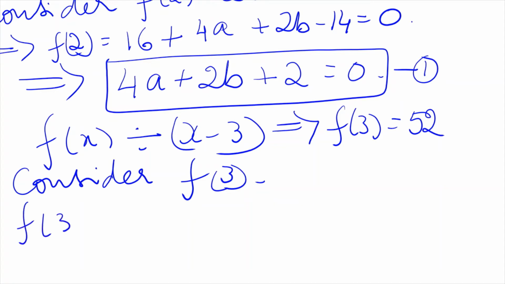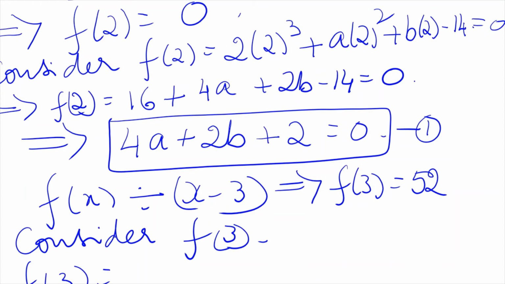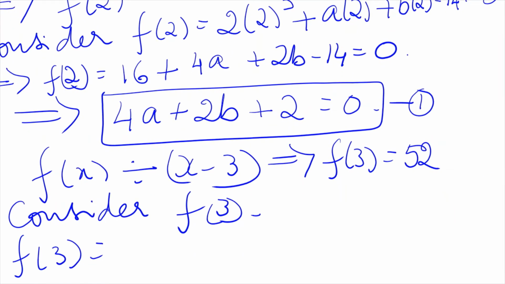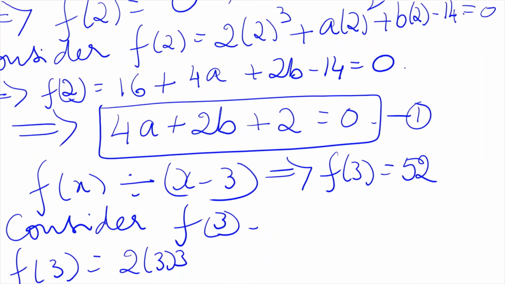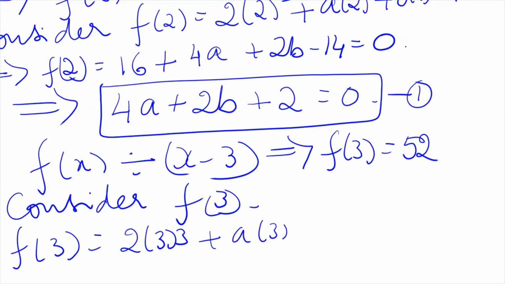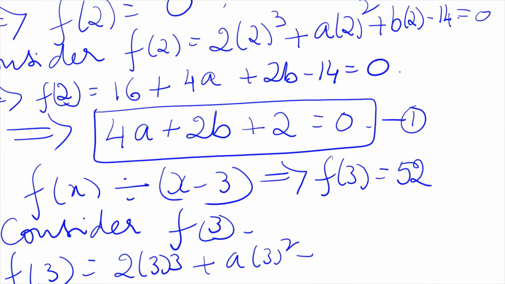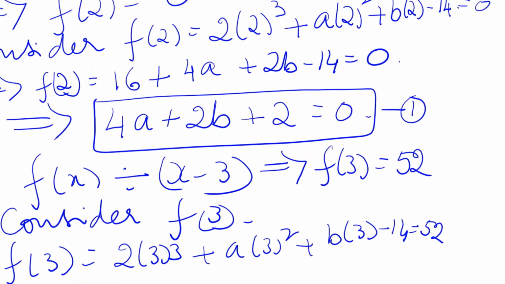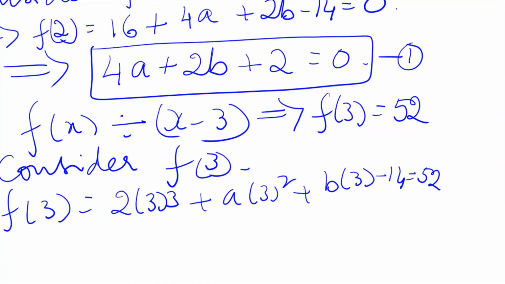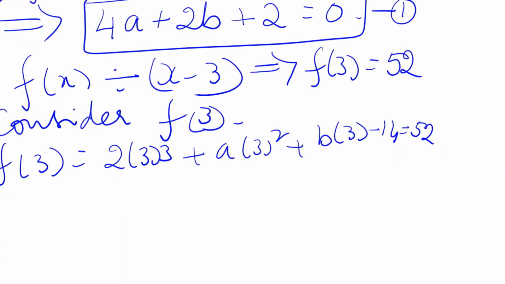Wherever x is there we have to put 3. So 2 into 3 cube plus a into 3 square, then again plus b into 3 minus 14, and this is equal to 52. Here it is not equal to 0. Why? Because x minus 3 is not given as a factor. It is simply dividing. So by the remainder theorem, when you are dividing, whatever is the value, that is the remainder.